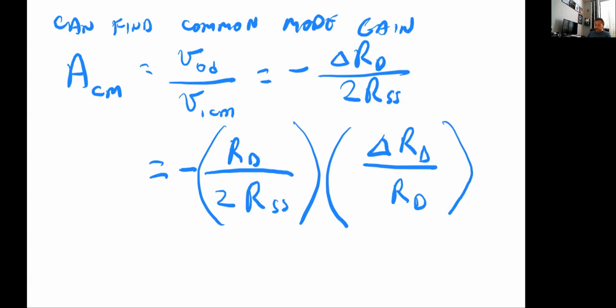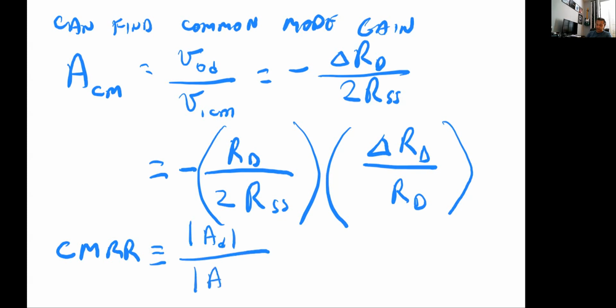So that would make for a good op-amp for that application. That's a parameter of op-amps that is in all data sheets. So we are going to define the common mode rejection ratio as the absolute value of the differential gain divided by the absolute value of the common mode gain.